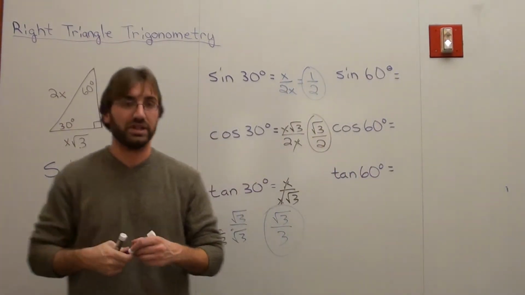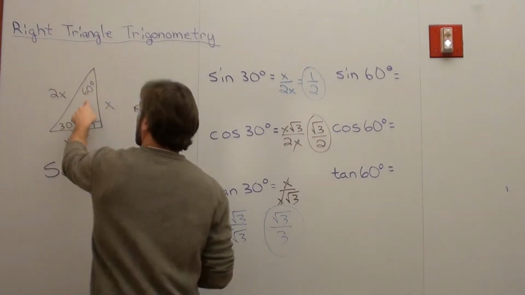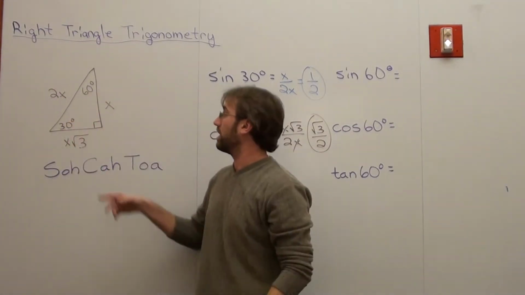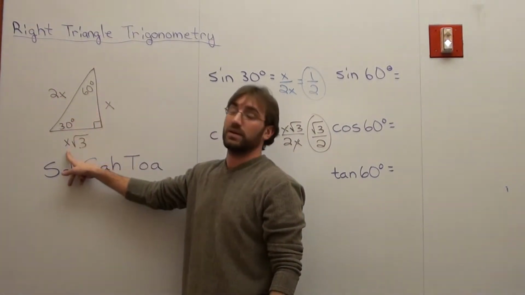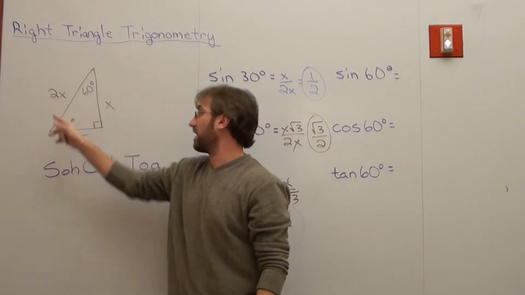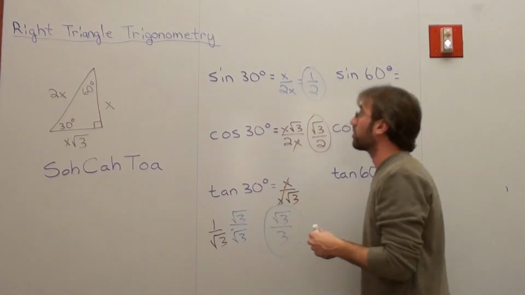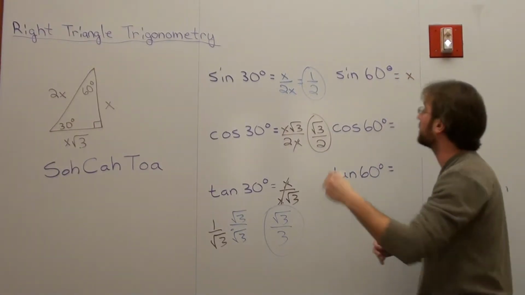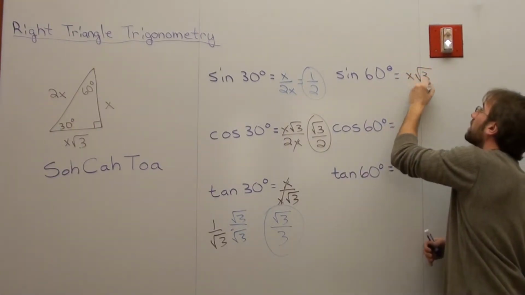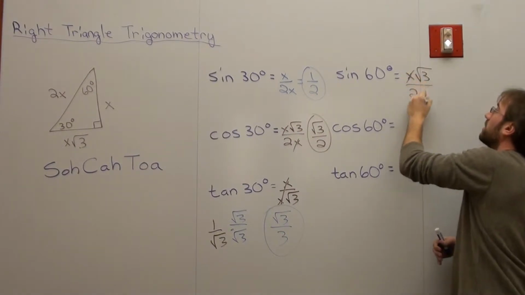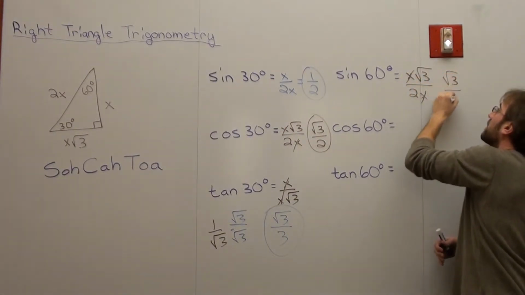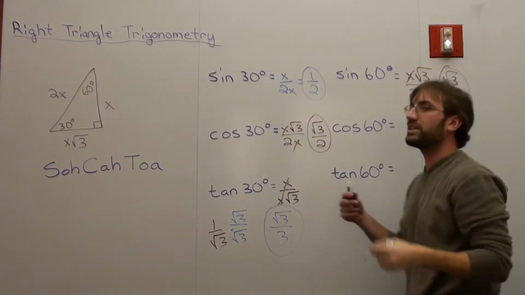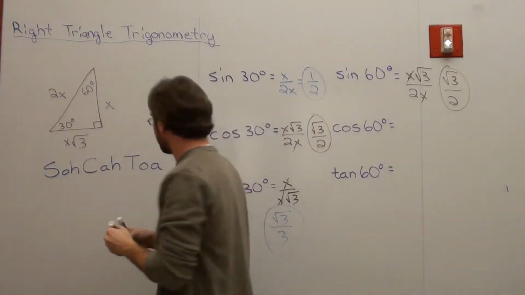Sine of 60 degrees is, now we're going to be working with this angle, we're not working with the 30 anymore, the opposite over the hypotenuse, which is x root 3 over 2x. I'm going to point out something that I think is pretty fascinating. Let you digest this though. Some people might see it, but maybe they won't.